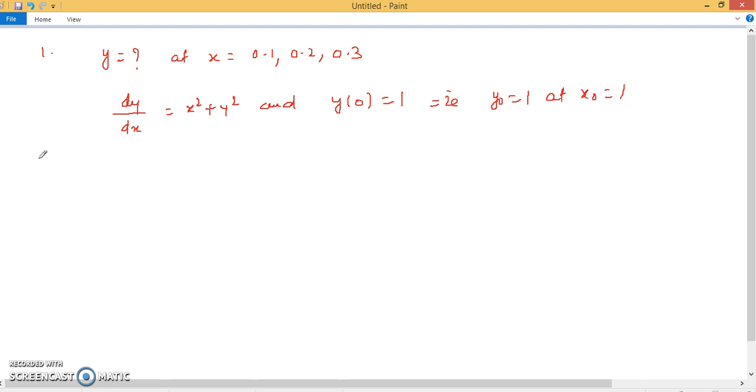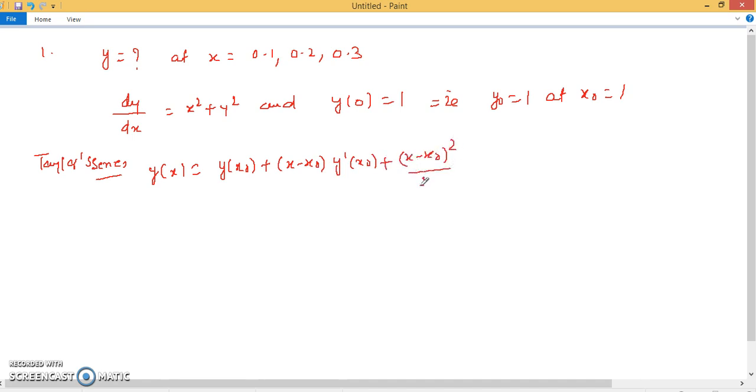So by using the Taylor series formula, we know that the formula y of x is equal to y of x naught plus (x minus x naught) y dash of x naught plus (x minus x naught) to the power 2 by 2 factorial y double dash of x naught plus (x minus x naught) to the power of 3 by 3 factorial y triple dash of x naught, and so on.